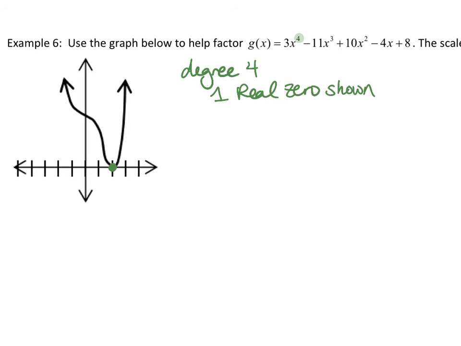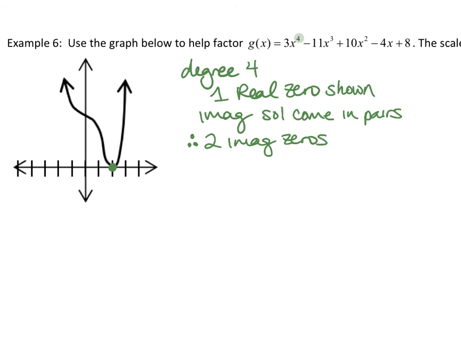And since imaginary solutions come in pairs, we know that there have to be 2 imaginary solutions. Can't be 3 imaginary zeros. So therefore, there is one more real zero somewhere. And a real zero is going to show up on this graph.